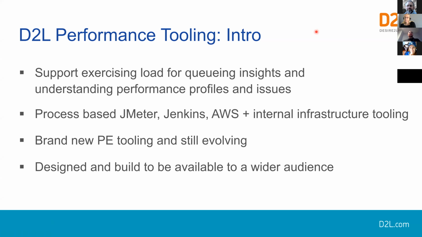We are using the performance engineering tooling at D2L to support exercising load for queuing insights and understanding performance profiles and other performance behavior and issues. Our main process is based on JMeter, Jenkins, AWS, plus other internal infrastructure tooling which is specific to D2L.